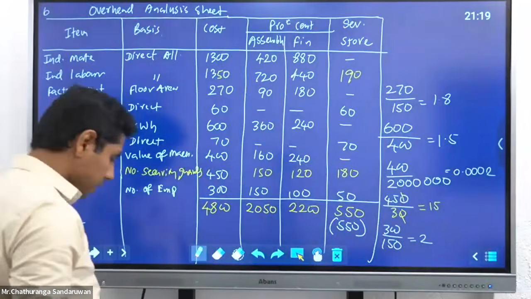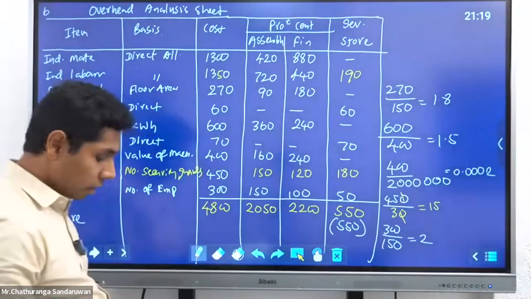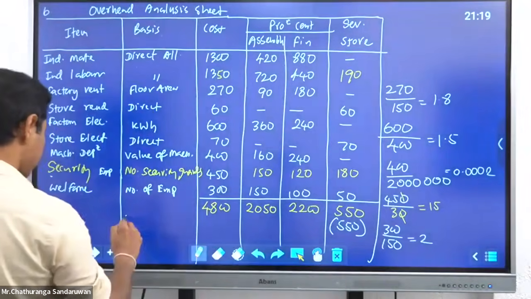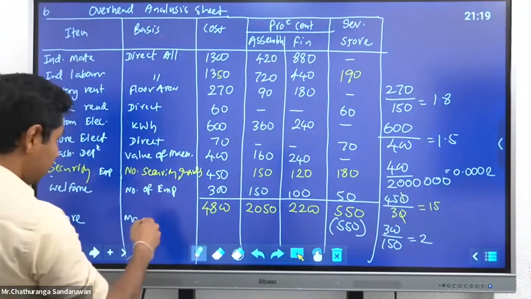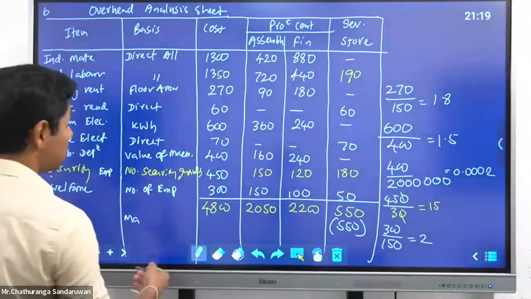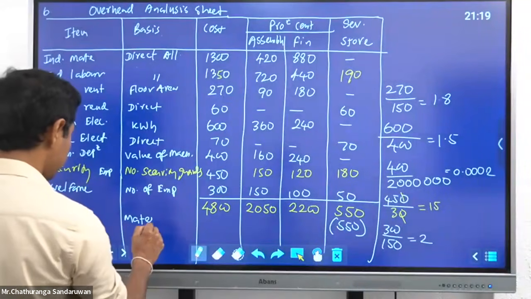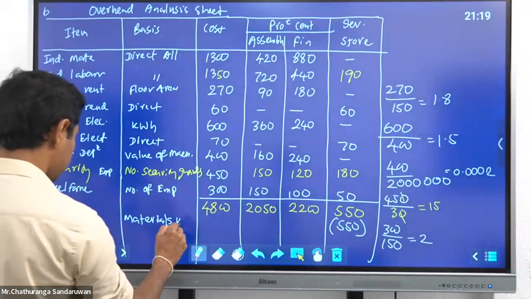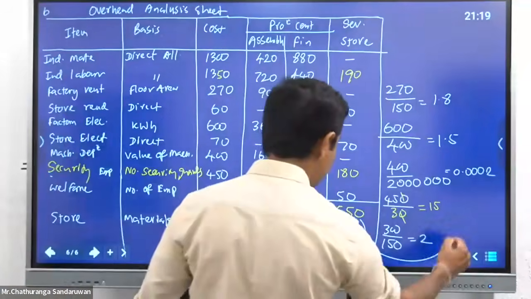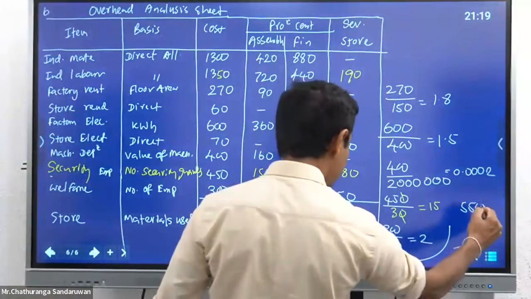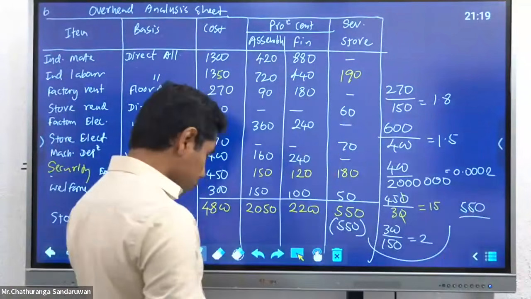The reapportionment basis is quantity of materials used, because this is a store, right? So it issues materials to the production departments. So materials used. So 550 can be divided by materials used.